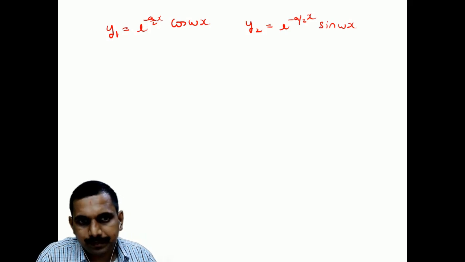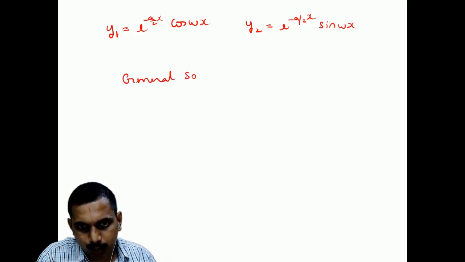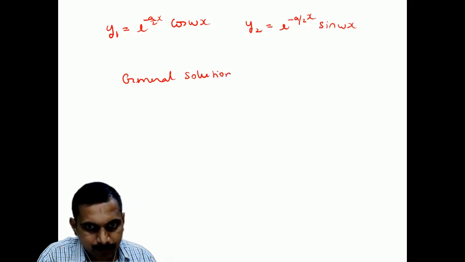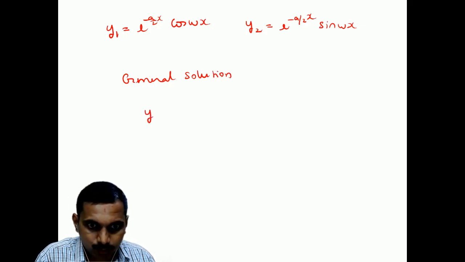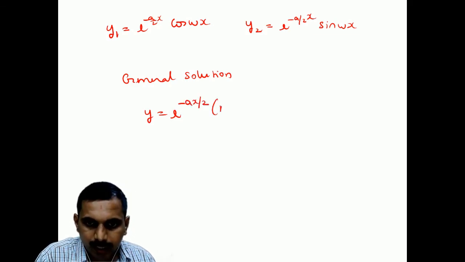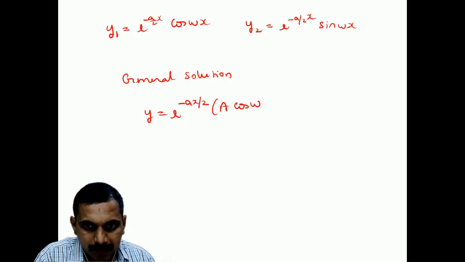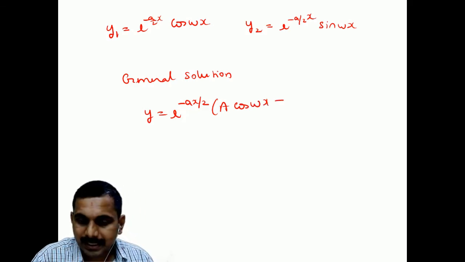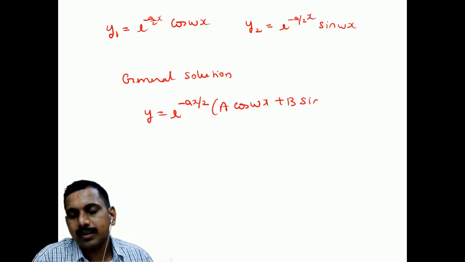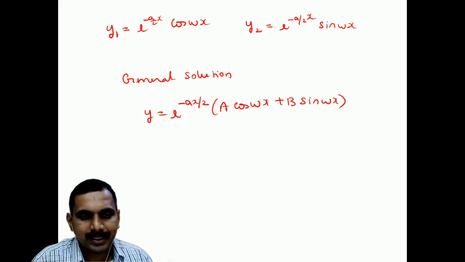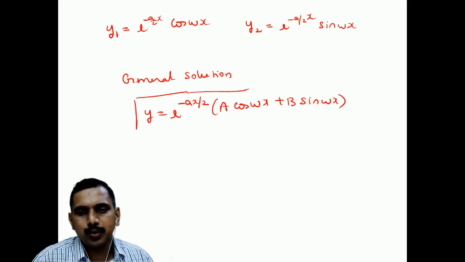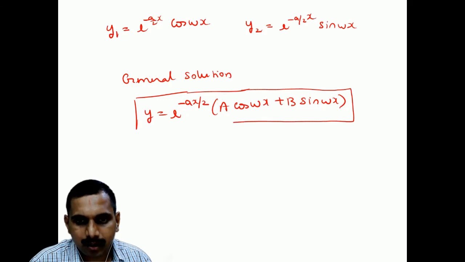The general solution becomes y equal to e power minus ax by 2 into a cos omega x plus b sine omega x. This is the general solution if the root is complex.